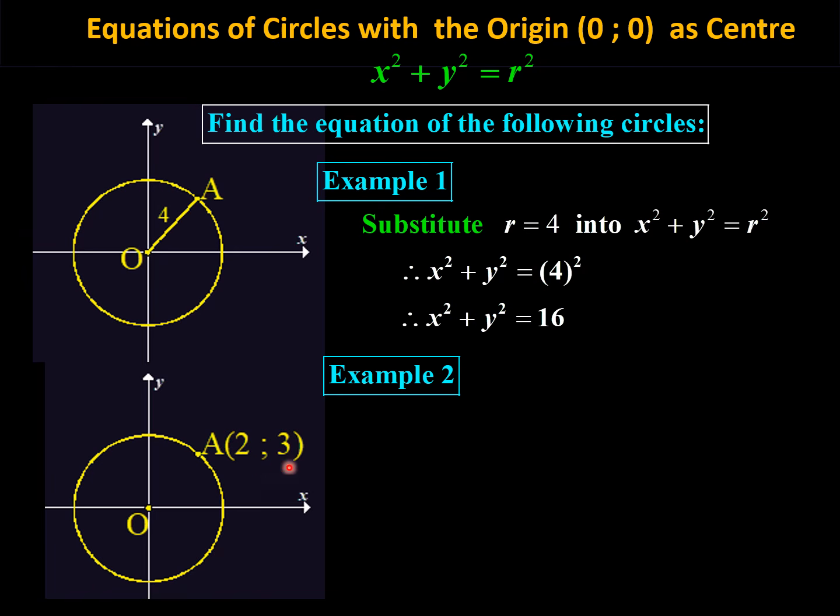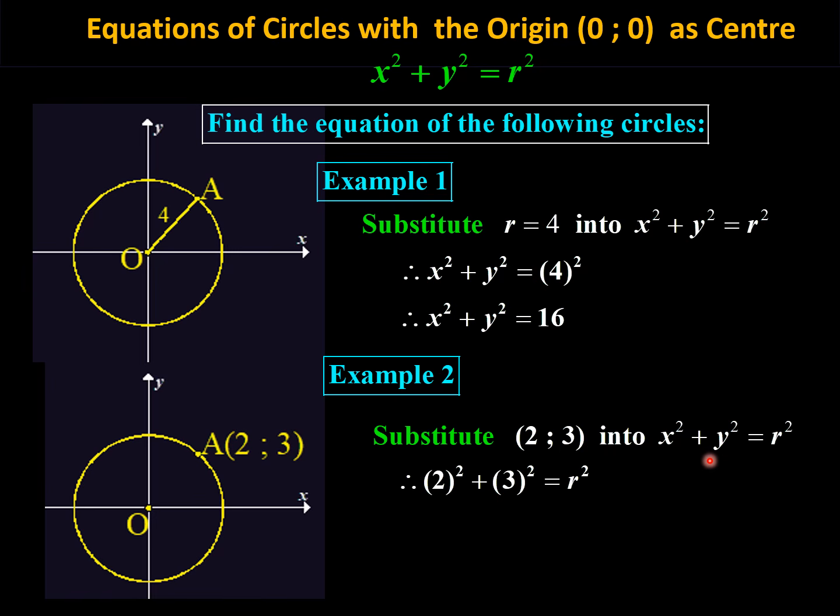So we have the x and the y value, and we can just substitute the 2 and the 3: 2 into the x, 3 into the y, and that will give us the value for r squared. And r squared, we notice, is 13. Now we can replace the r squared. So x squared plus y squared will be equal to 13, and there's the equation of the circle.